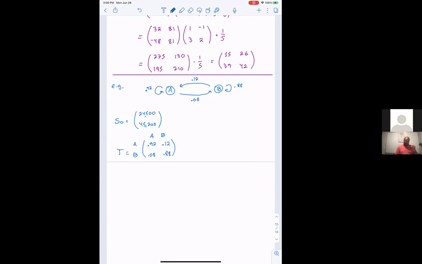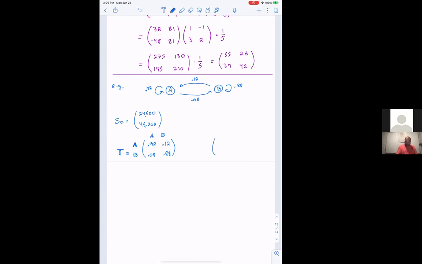Now, there's multiple ways of getting this. In the last section, we saw that we can solve a system of equations to get it. This time, we're going to do it a little bit differently. What we're going to do is diagonalize the matrix. Let's see what happens when we diagonalize the matrix.